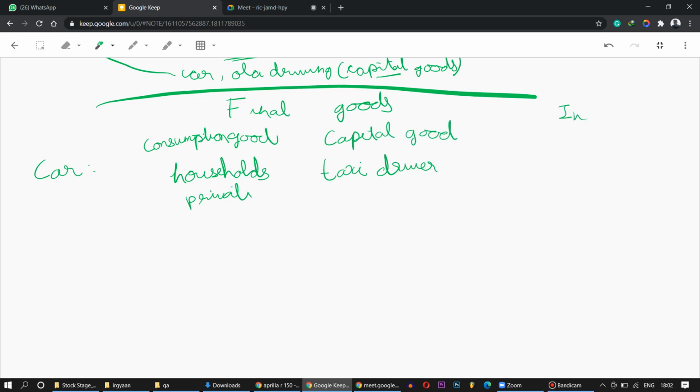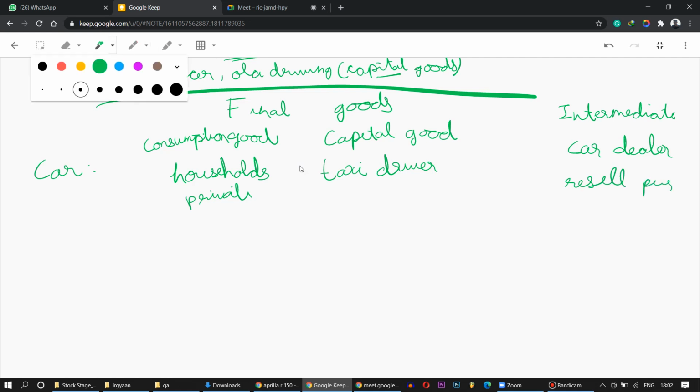And in your intermediate, what will be the example? Fill it up. How can a car be an intermediate good? What will be the scenario? Yes, if you are a car dealer and you are using this for resale purposes.